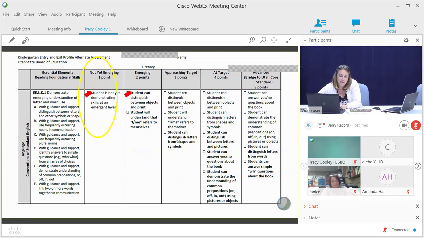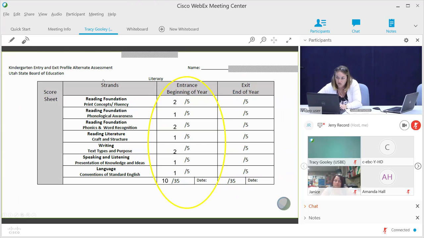So here, for example, under conventions of standard English, our student was at not yet emerging, so they got 1 point. So when I fill it out in my rubric here, they get 1 point. So our student had 10 out of a possible 35 points for the literacy strand.